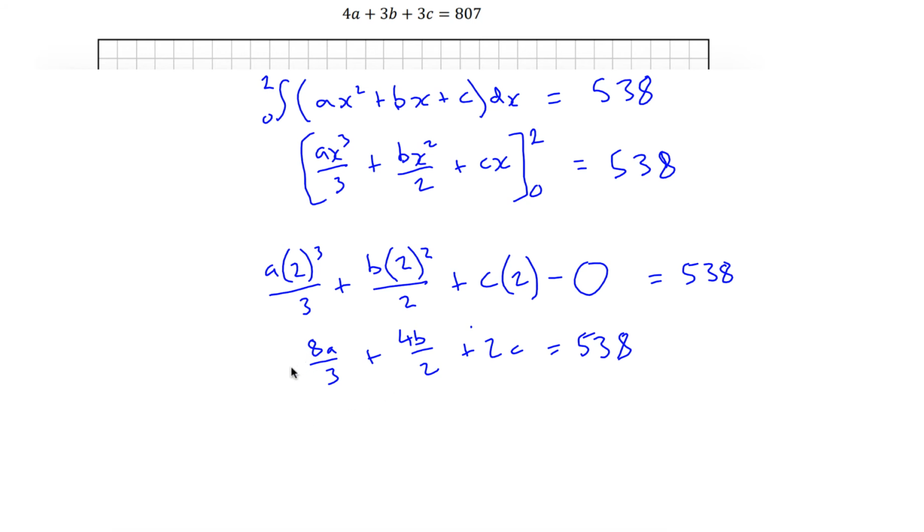We can multiply everything by the lowest common denominator of 3 and 2, which is 6. So if I multiply this by 6, I get 16a. If I multiply this by 6, I get 12b. This by 6 is 12c. And 538 by 6 is 3228.